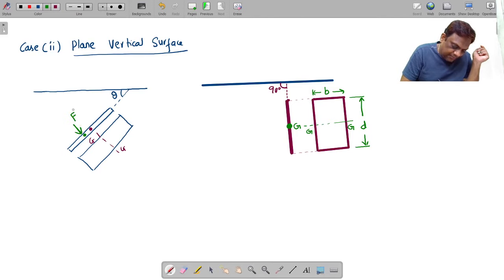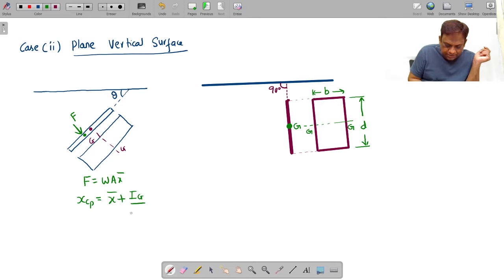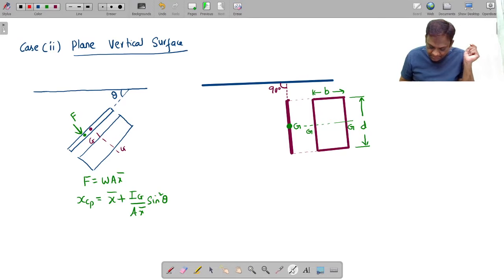That is F. And in this case, you know that F is W A x bar and the X CP position is given by x bar plus I G by, already we have derived this equation. Now, let's try to draw the pressure diagram.